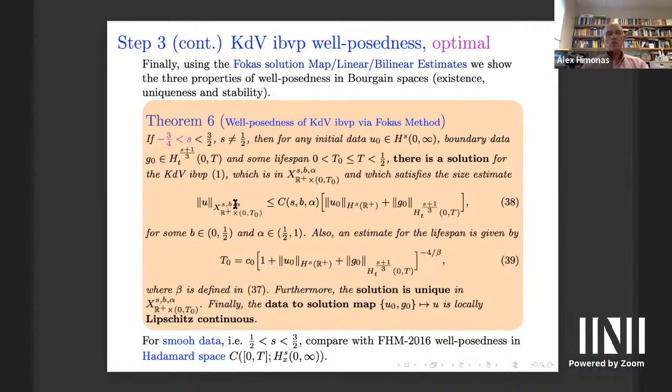The norm of the solution in the restricted modified Bourgain space is bounded by the norms of the data. And here is the lifespan estimate, and the solution is unique, and the solution to data map is better than continuous. It's Lipschitz continuous. Again, compared with the earlier result for s bigger than 1/2, we talked earlier.